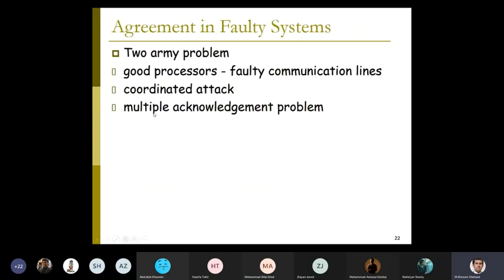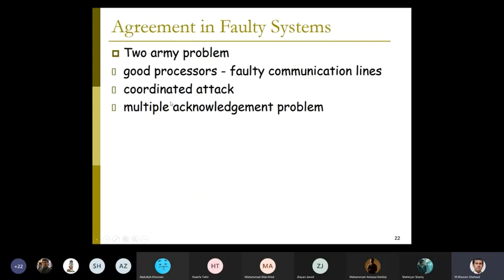So let's go to the two army problem. In this problem, there are good processes. Both of the generals are reliable, they are good, and they can communicate easily. But faulty communication is the problem in the two army problem.